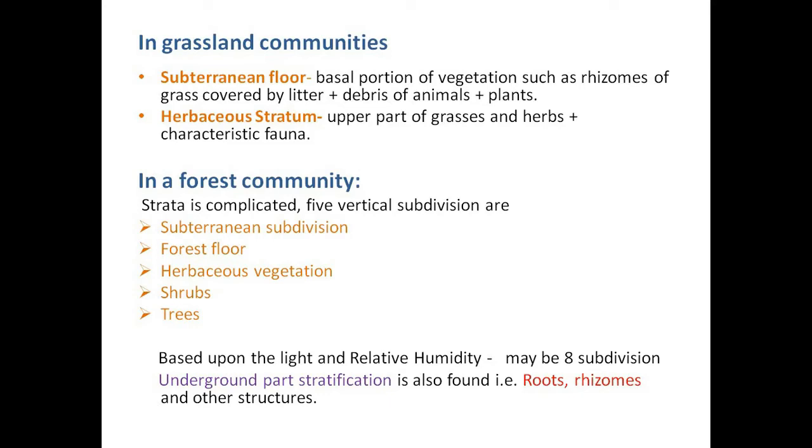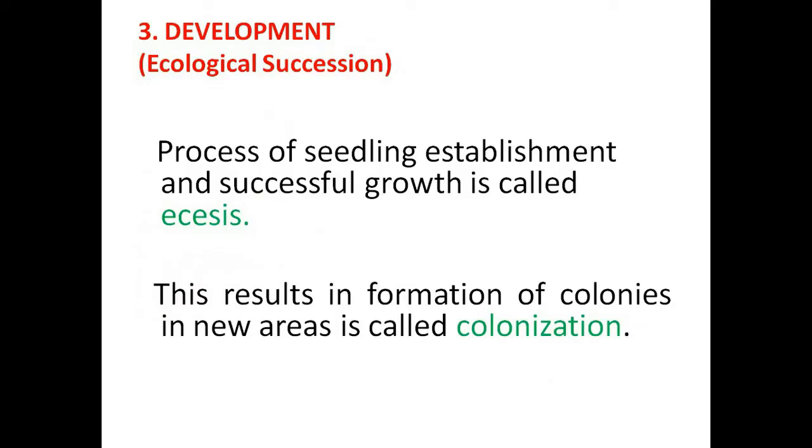In trees, small trees, trees and large trees are all included here. So based upon the light and relative humidity, this may be 8 subdivisions, because if we consider the underground part stratification, roots and rhizomes are also present.